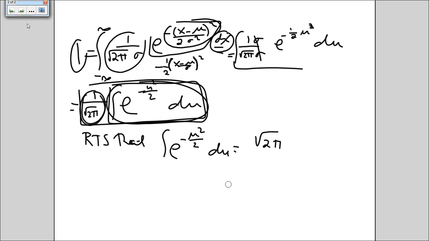We need to show that that integral from negative infinity to infinity is the root of 2 pi. Okay. Put that on the top because I need some more space.